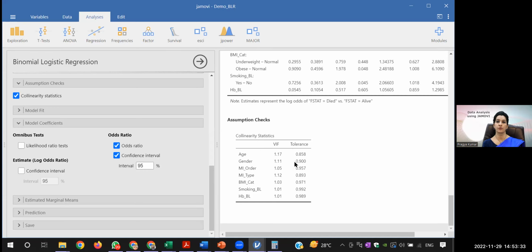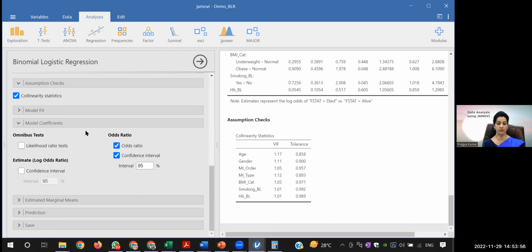VIF is the variance inflation factor. The value of VIF should be less than 10. If it is less than 10, that means it is acceptable. All the values of VIF are less than 10, so the assumption of collinearity is met.